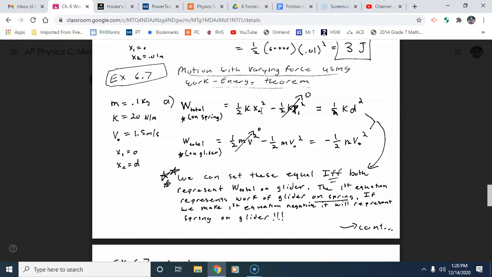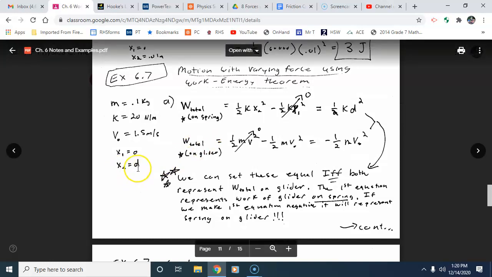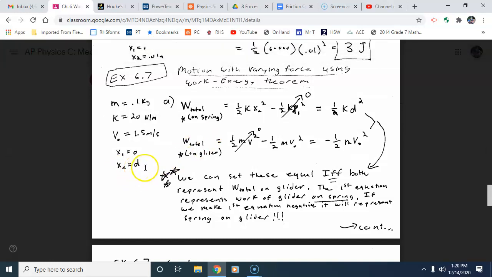However, this particular problem is just having us call x2 distance d, distance stretched. All right, so I'm just substituting that in. If it just said find how far it was stretched and didn't tell me to define it as variable d, I could have kept it x2. But anytime we're given defined variables, we should use them. So that's the only reason there's a substitution here.